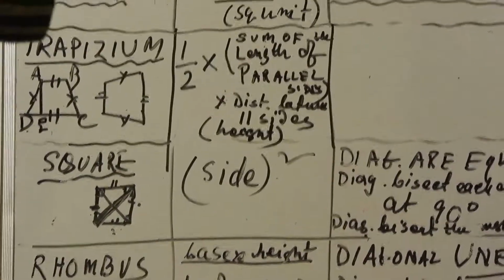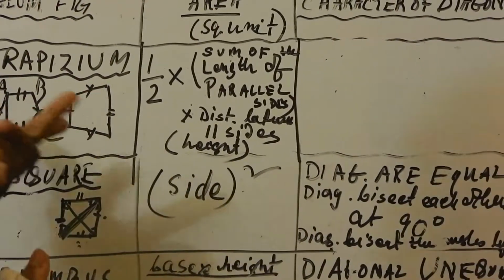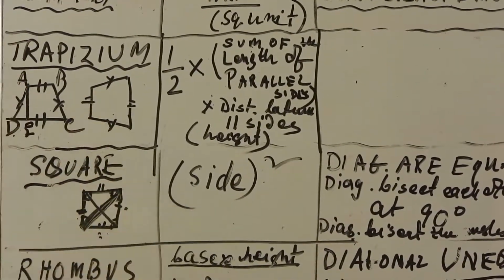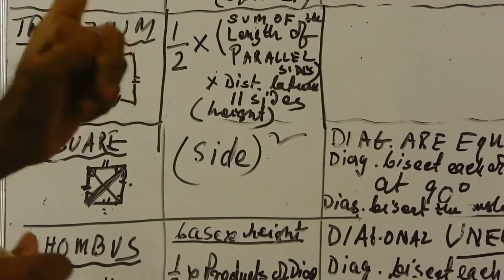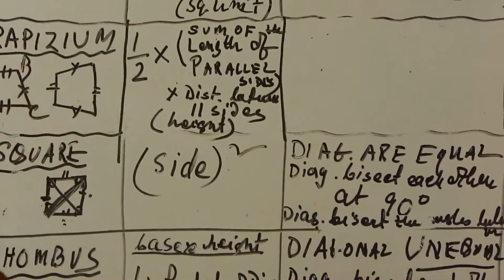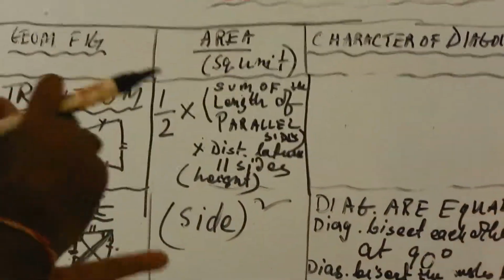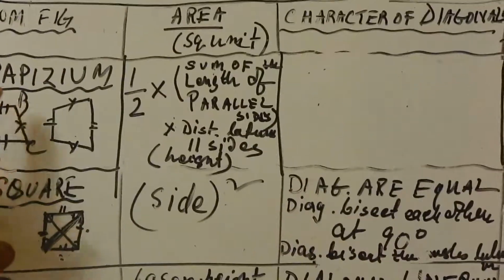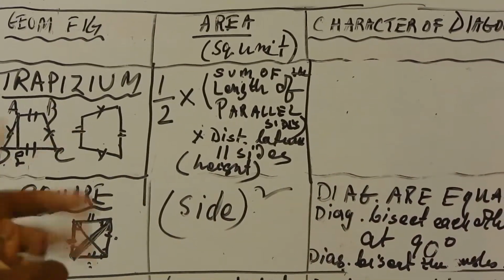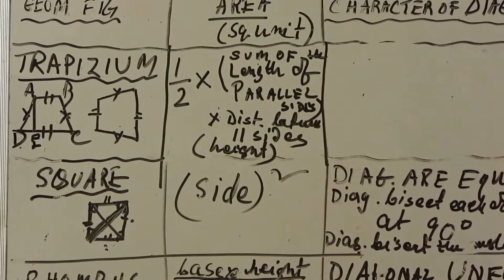Indirectly it is the perpendicular distance between the parallel sides, and otherwise you can call it height. So the overall area is half into sum of the length of the parallel sides into height, or otherwise the distance between the two parallel sides.